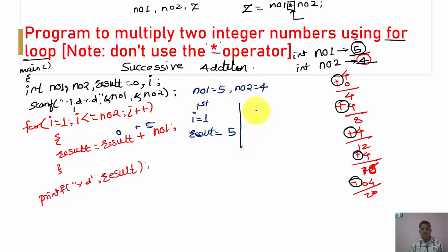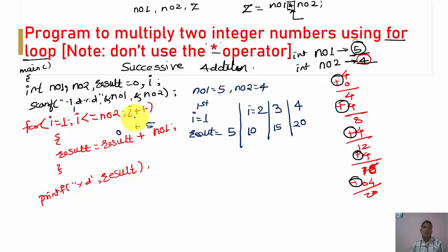So in the second iteration I is equal to 2, right? Is 2 less than 4? Yes, so again go with this. The result value earlier is 5, 5 plus 5 is 10. In the third iteration I is 3, then 10 plus 5 is 15, and in the next iteration the value of I is 4 and the result is 20.